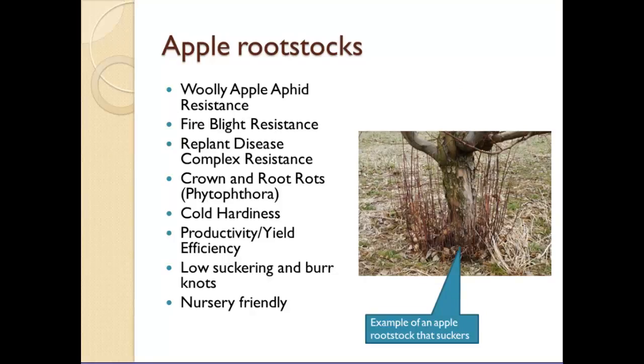So when we're looking at apple rootstocks, the selection of a rootstock is just as important as selecting the crop that you're going to harvest. So this is a very important decision. These are some of the things that you consider when you're selecting rootstocks. Woolly apple aphid resistance. Does it have fire blight resistance?